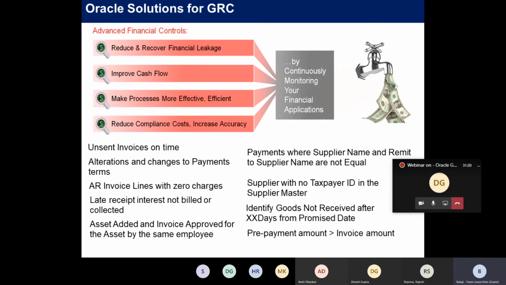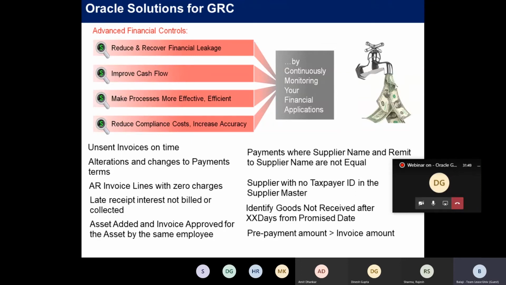It could be as big as that, or as simple as: you are not supposed to pay anything with less than 3 days payment terms. Somebody has paid with the immediate payment term, so there is a cash flow problem, because somebody is using cash which is supposed to be paid after 3 days or 5 days.